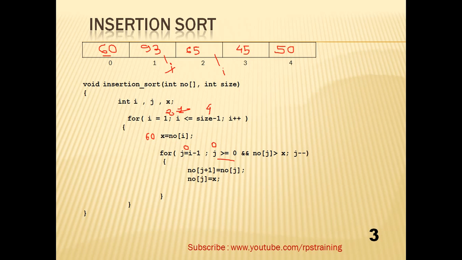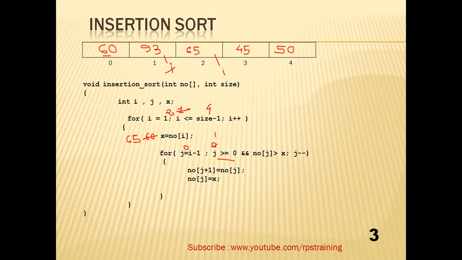x equals no[i], that means no[2], that is 65. x will be 65. j equals i minus 1, j will be 1. j is 1, i is 2. 1 greater than or equal to 0, condition true, and no[1] greater than x. no[1] is 93, 93 greater than x, which is 65.